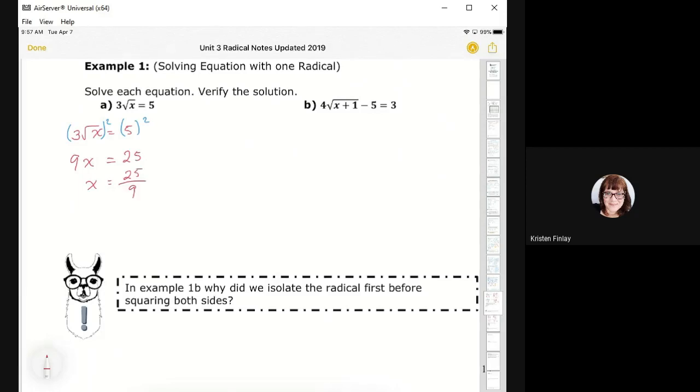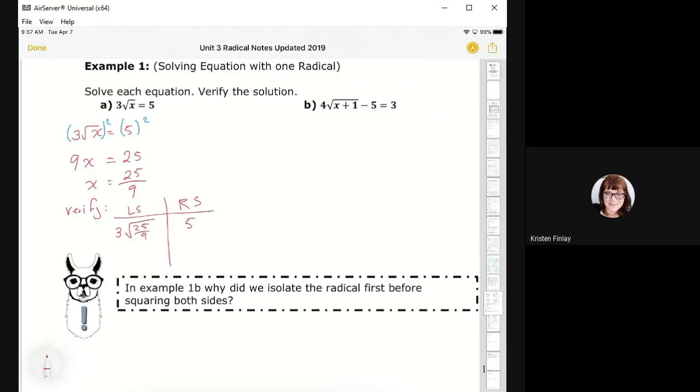We want to verify that. So we're going to substitute into our original equation, left side and right side. Verifying, on the left side I'm going to get 3 root 25 over 9, and the right side is equal to 5.